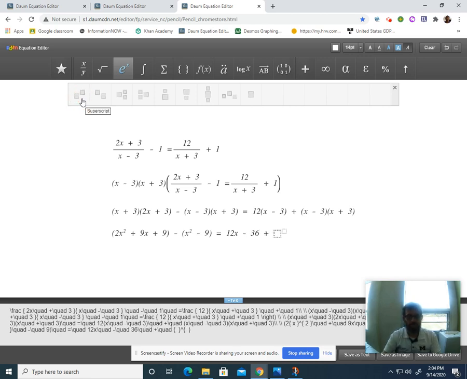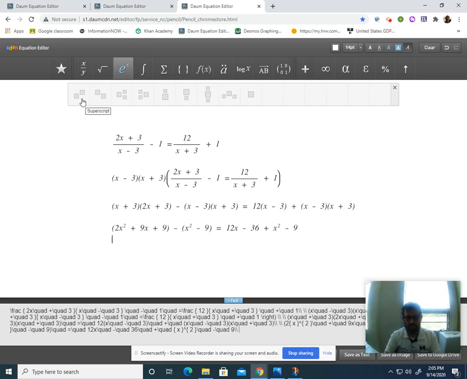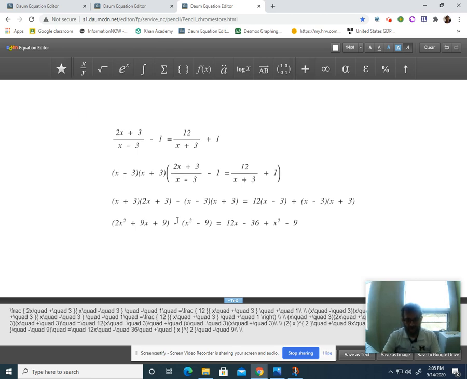plus x squared minus 9. Now I have like terms. Well, this negative sign right here, I'm going to distribute over. So it's going to become a positive. That's going to make this a negative, and it's going to change that to a positive. So now I have like terms. So I'm going to combine some like terms.